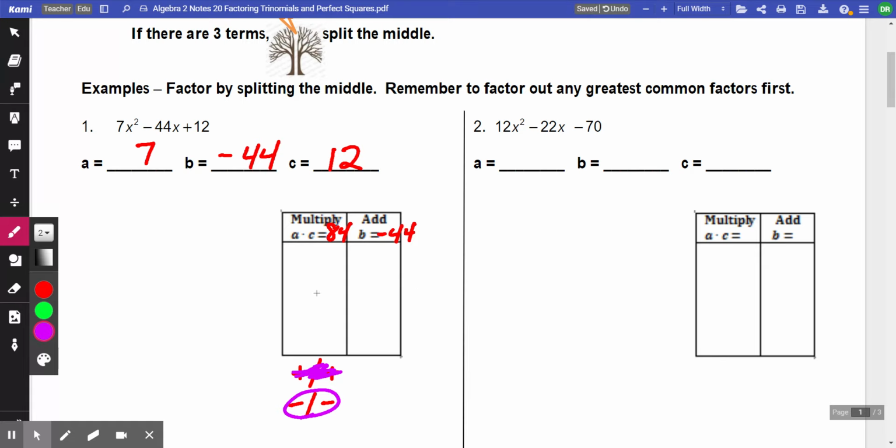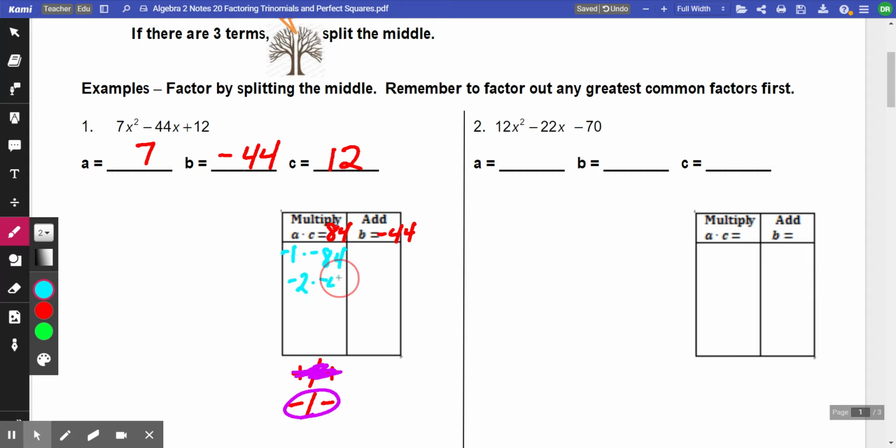So we can start making a list here of values that multiply to 84. And there are a few options we could talk about, but an easy place to start is with 1 times something, in this case -1 times -84. And you can check to see if those add to -44, and they do not. So we can move on to -2 times -42.